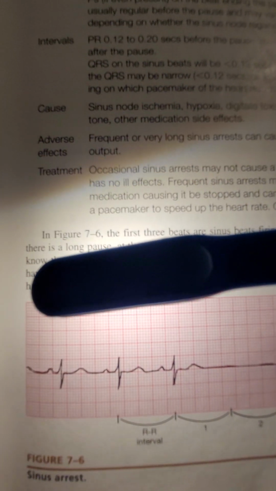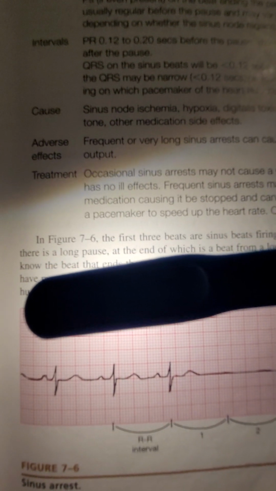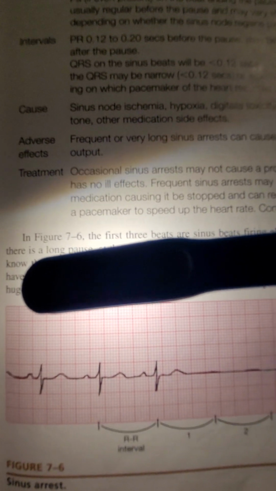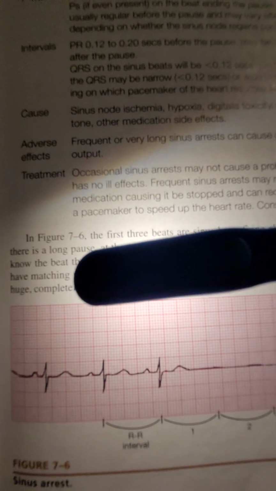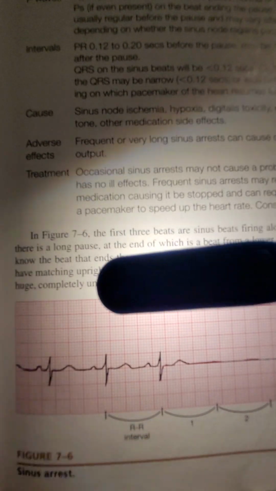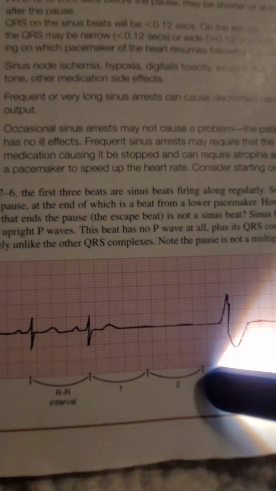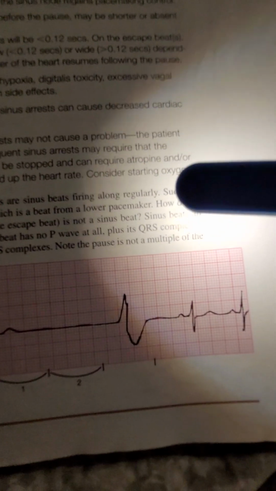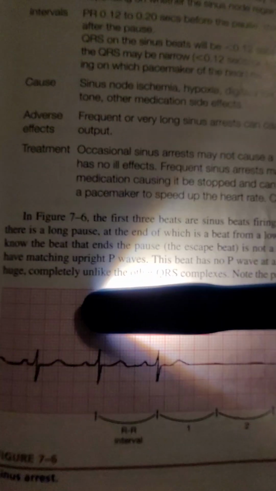Like I said, the computer, for the most part, measures it for you. But underlying rhythm for this patient would be sinus Brady or sinus rhythm with a 2-second pause followed by an escape beat. So you see how the rhythm won't just be easily said sinus rhythm.